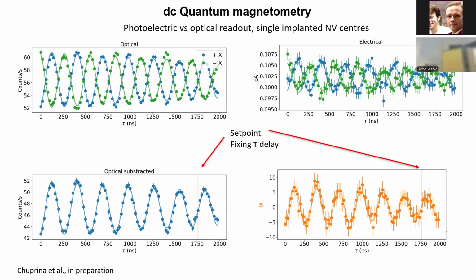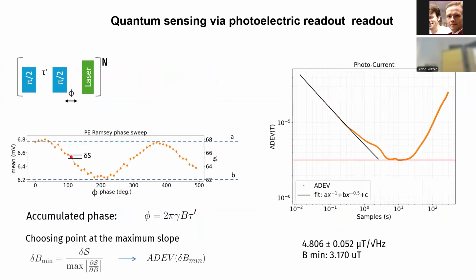You can put your sensing point at the maximum of the gradient of the fringe and now measure the change of your Ramsey fringes picture, and that gives you access to magnetometry. We can do it for optical and photoelectric measurements with a single NV located very close to the surface, and we can also estimate the sensitivity by sitting at the maximum sensitivity point and then measuring the phase of the second pi half pulse.